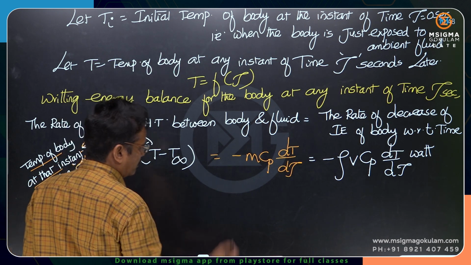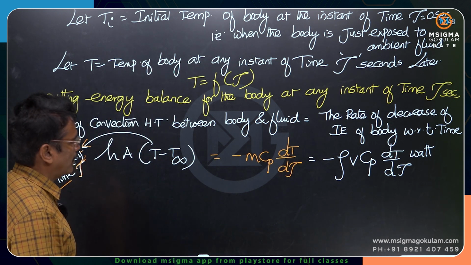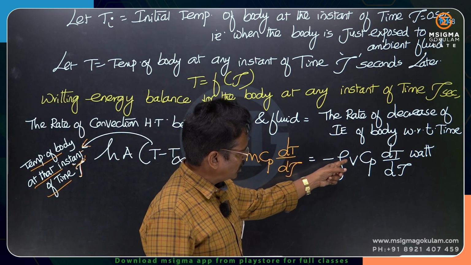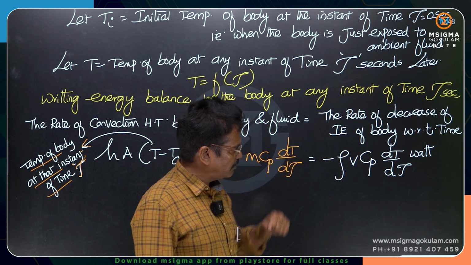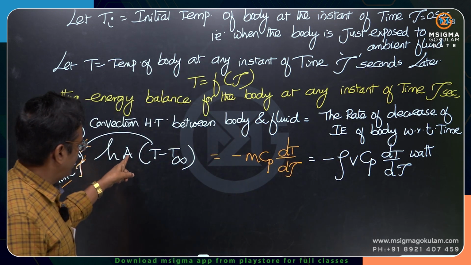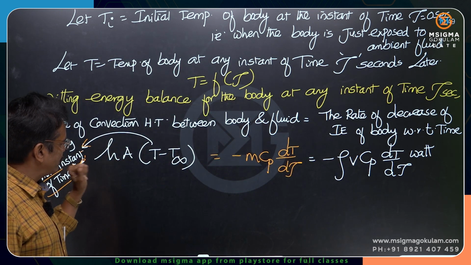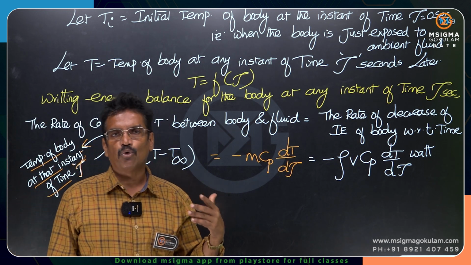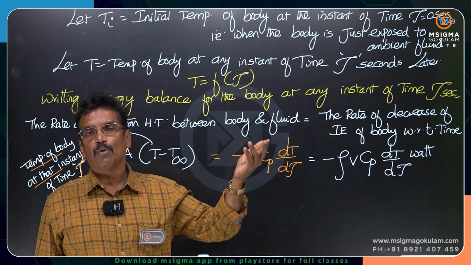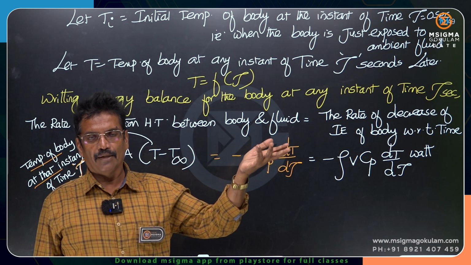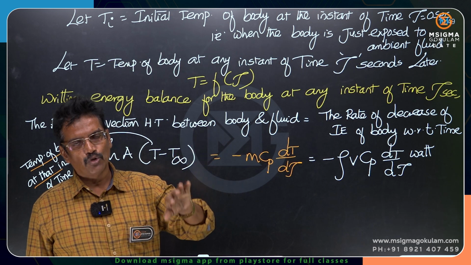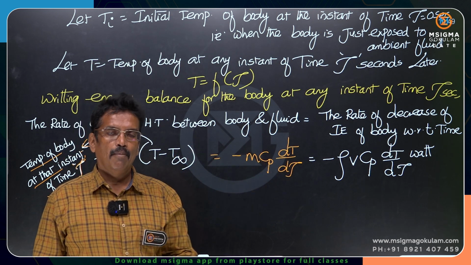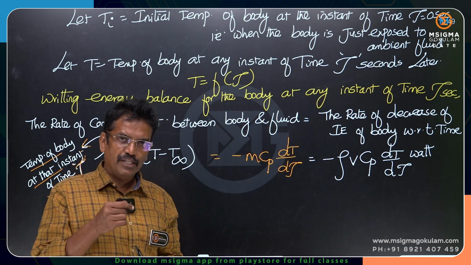In this particular equation, if you watch carefully, many parameters are constant: density of the body, volume of the body, specific heat of the body material, and A, the surface area of the body. When you come to h, the convection heat transfer coefficient, it mainly depends upon the fluid properties. In both forced convection and free convection, h mainly depends upon the fluid. But during that cooling of the body, the same fluid is there.